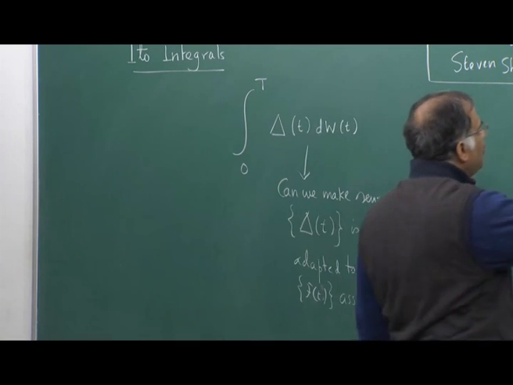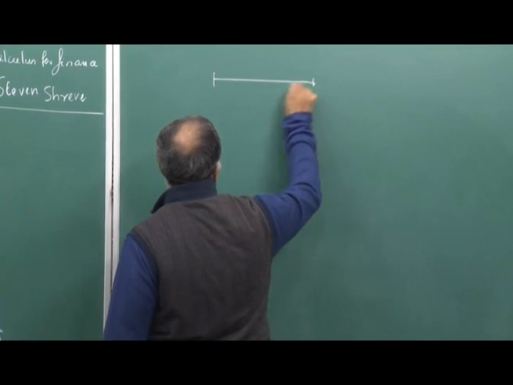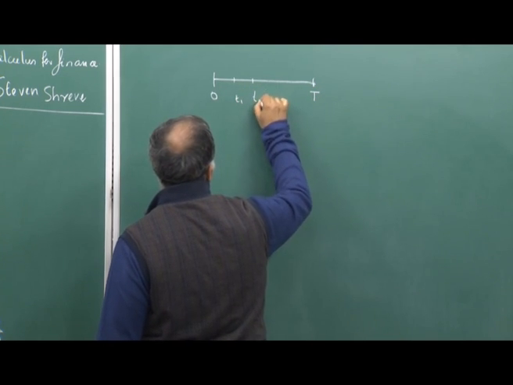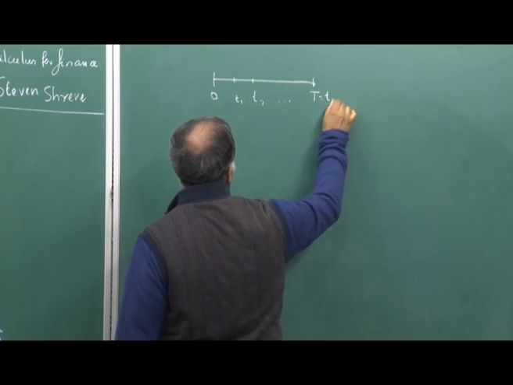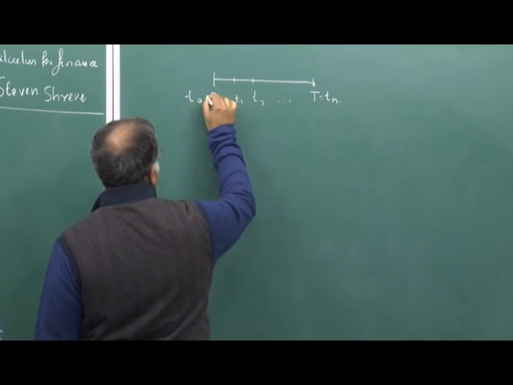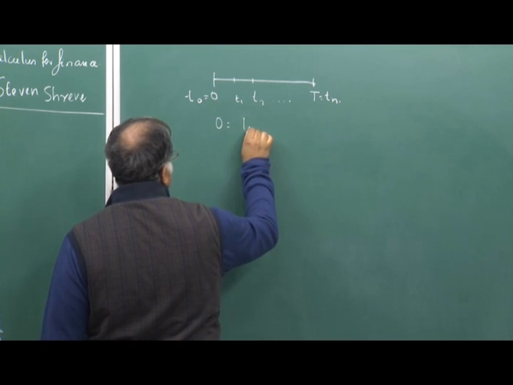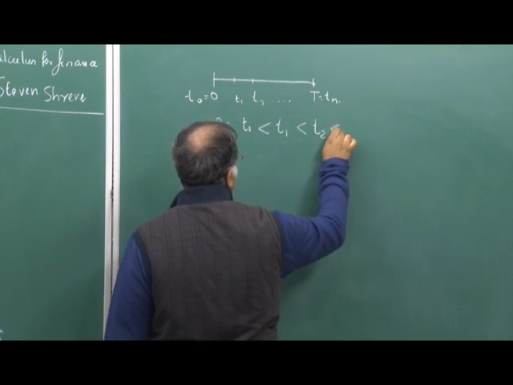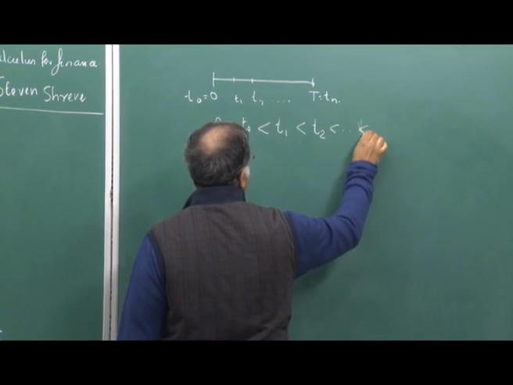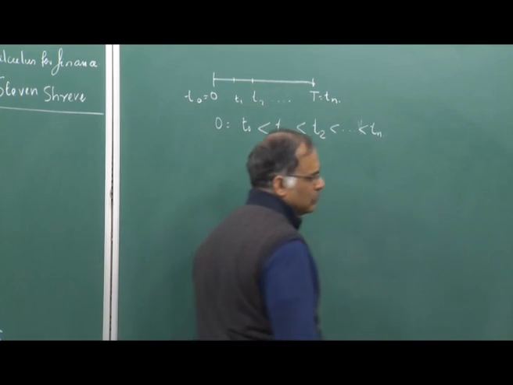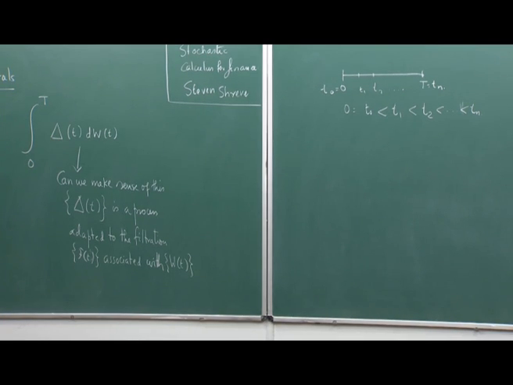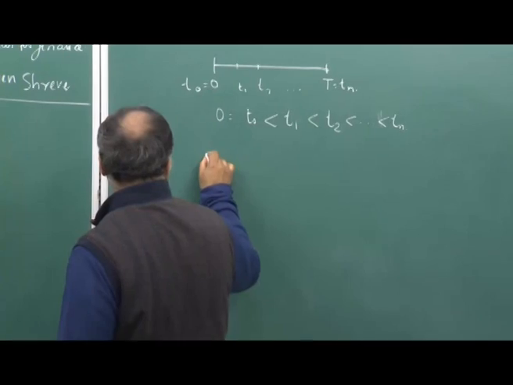So, here again we are going to partition [0, t] into intervals. Now, we will talk about a simple process, or a simple function basically.